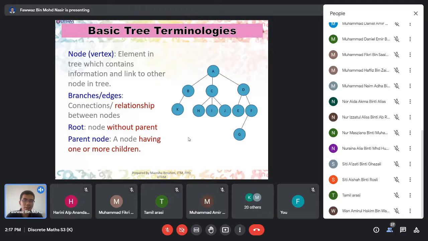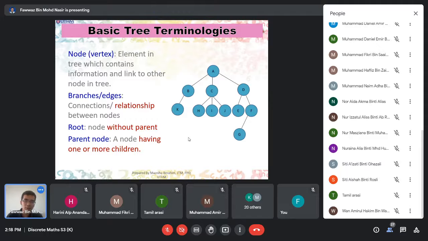So any node yang ada one or more child, dia adalah parent node. So contohnya node A ni is the parent node for B, C and D. Okay, node C ni is the parent node for H, I, J. Node D is the parent node for E and F. Whereas node F is the parent node for node G.